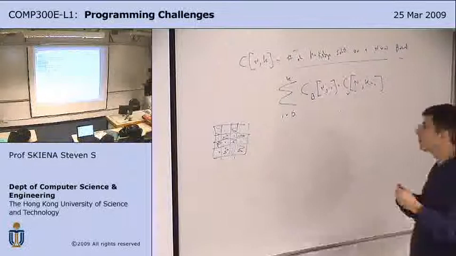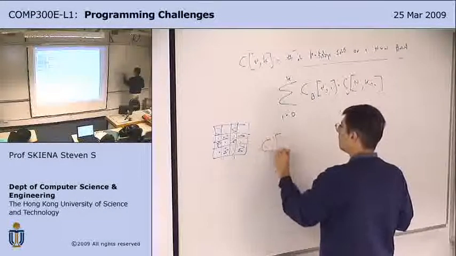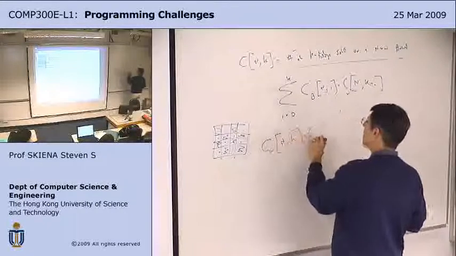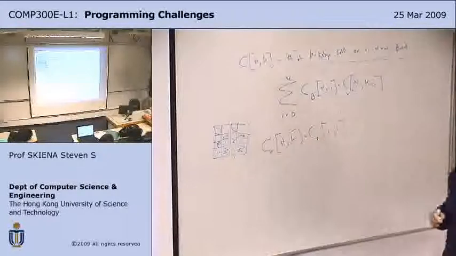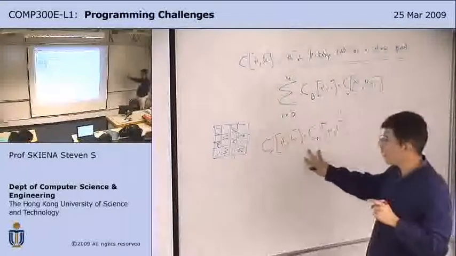So here's a question for you. Is C white sub n comma k equal to C black sub n comma k? You're saying no. Why or why not? If n is even, that's true. If n is even, that's got to be true.